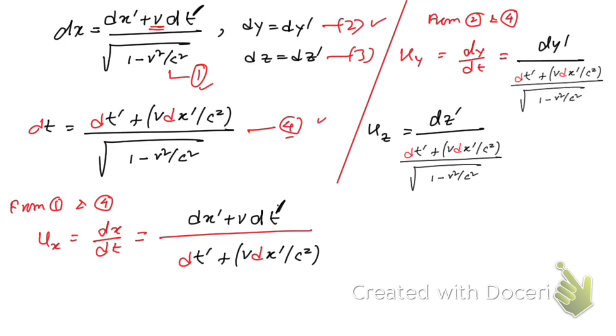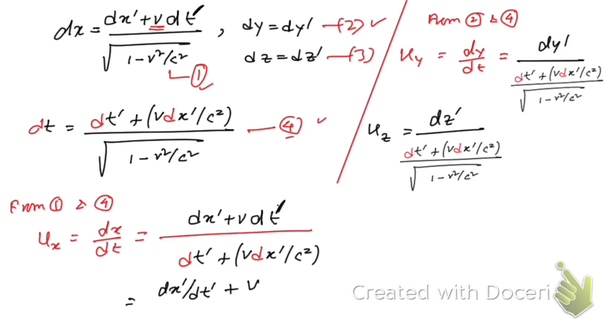So then this can be written this way: derivative of x dash with respect to t dash plus v, right? Because the derivative of t dash with respect to t dash is going to be 1.